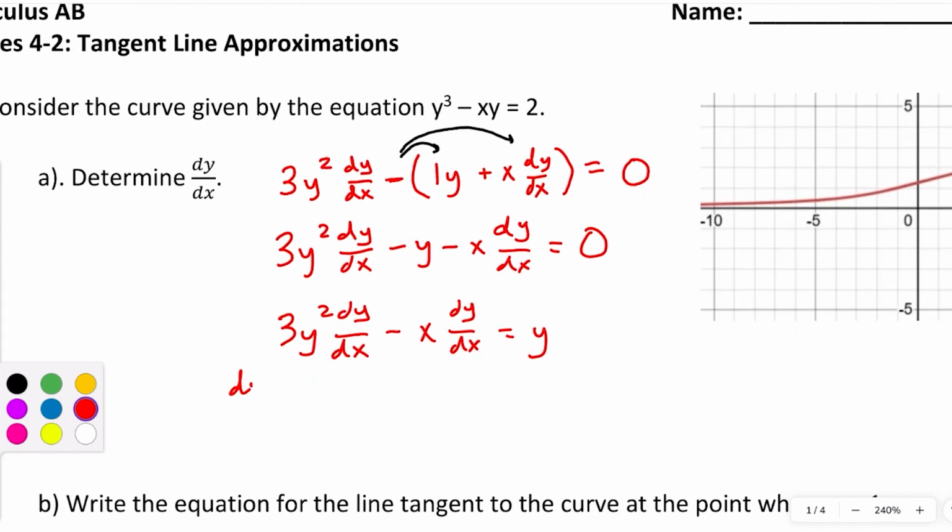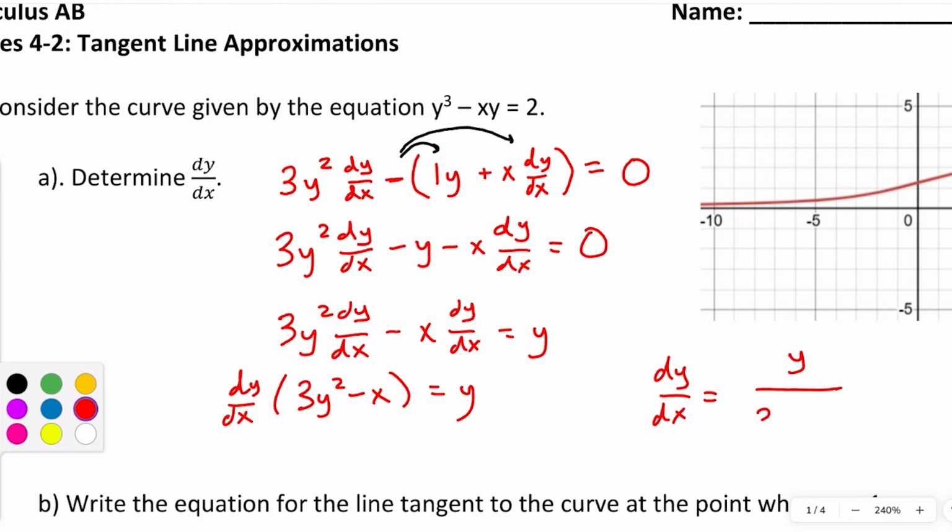So first, factor out that dy dx. And then we'll divide both sides by whatever's left in the parentheses, in this case 3y squared minus x. So y prime, or dy dx, is going to be y over 3y squared minus x.